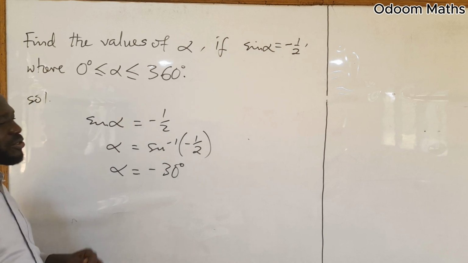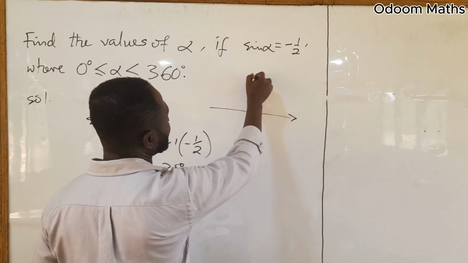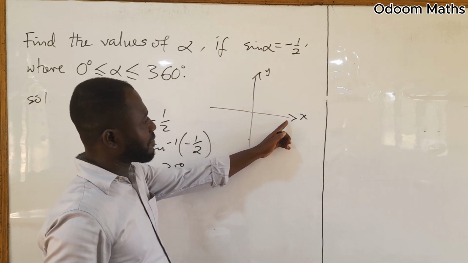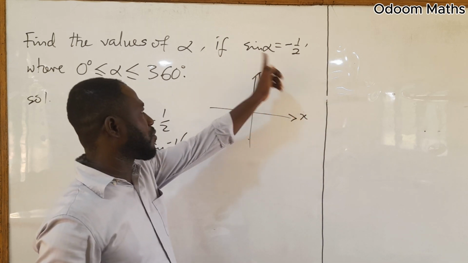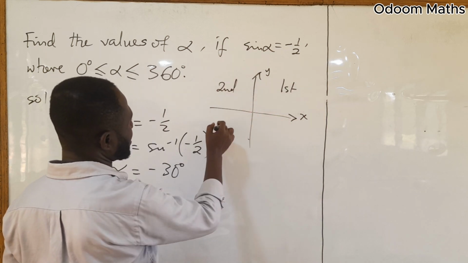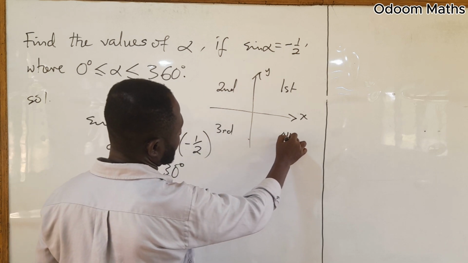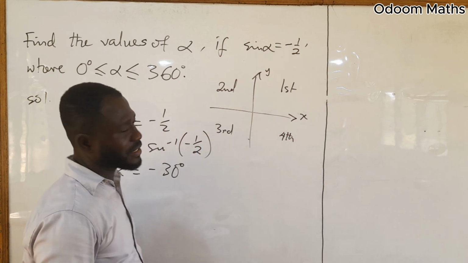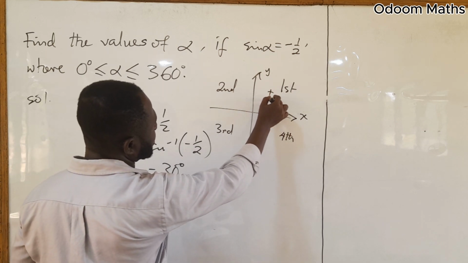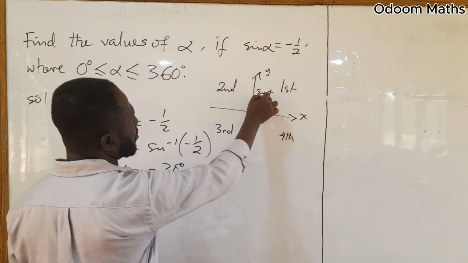Now let's look at the quadrants. In trigonometry, we measure angles from the positive x-axis in the anti-clockwise direction. So this is the first quadrant, the second quadrant, the third, then the fourth. Let's remind ourselves. Here all the trig ratios are positive, that is sine, cos, tan.